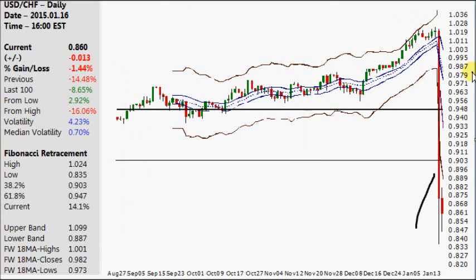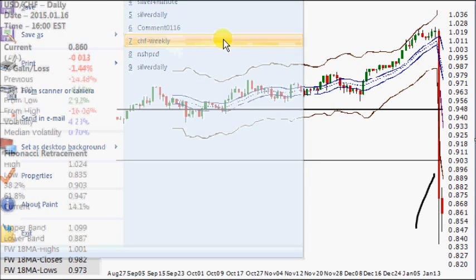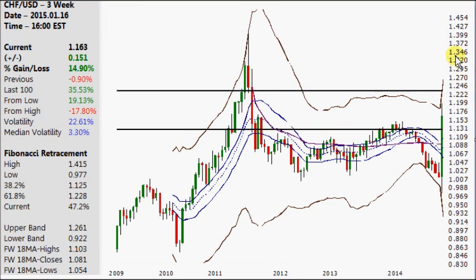Now let's take a look at this on a longer term time frame, but from the other point of view, which is the franc to the US dollar, so in reverse. So let's bring this chart up now. And yeah, so there's the situation in here. Goes up. Now notice the time frame.